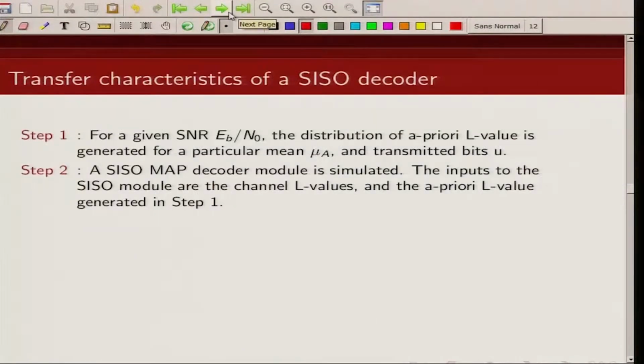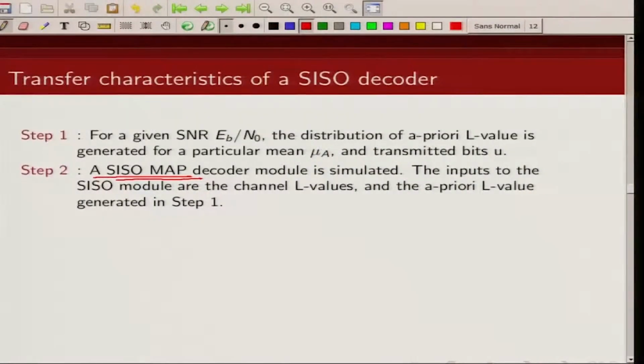So, next step is we simulate a soft input soft output decoder. We feed in these two inputs: one is this channel received SNR, the other is this a priori information, which we modeled as Gaussian.